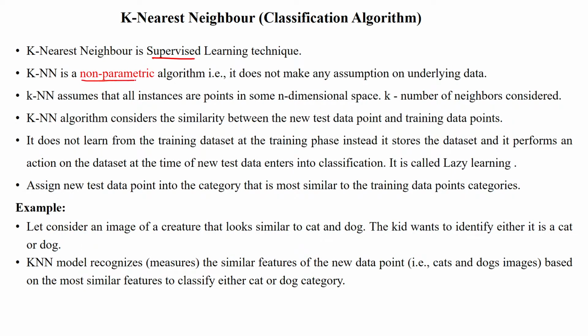As we said, there are no fixed parameters. The parameters grow depending upon the input training samples, so there is no need to make any assumption on the training data.